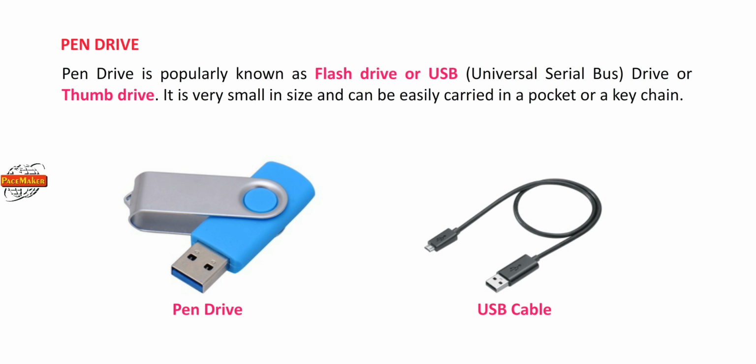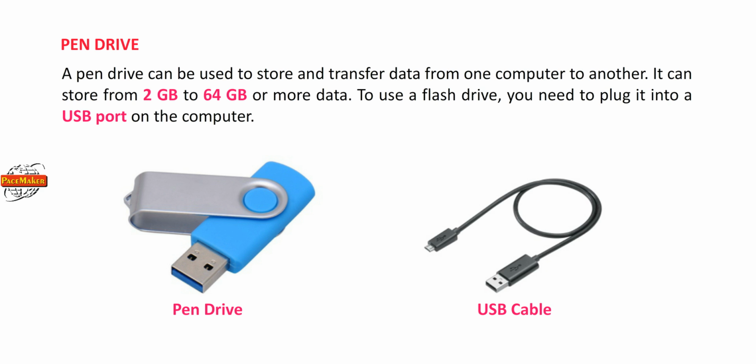Pen drive. Pen drive is popularly known as flash drive or USB, universal serial bus drive, or thumb drive. It is very small in size and can be easily carried in a pocket or a keychain. A pen drive can be used to store and transfer data from one computer to another. It can store 2 GB to 64 GB or more data.